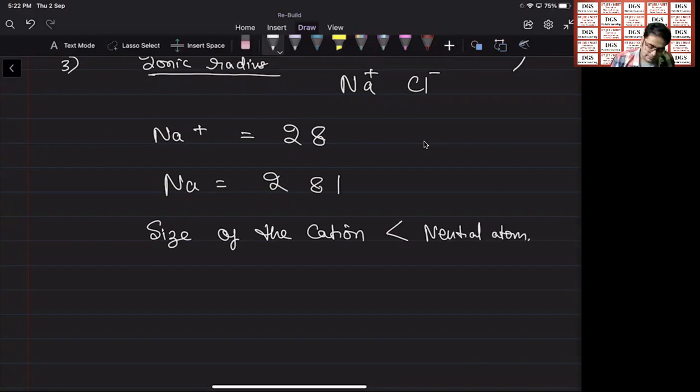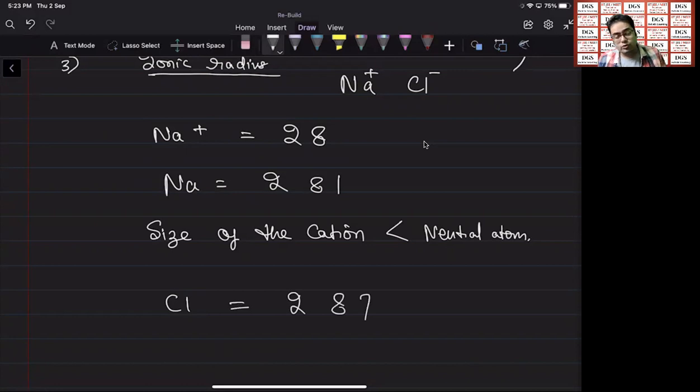In case of an anion, or you can say the anionic radius, when chloride ion is formed, the incoming electron will face some repulsion from the outermost electrons. Why is it so? Let's take an example. Chlorine is 2, 8, 7.